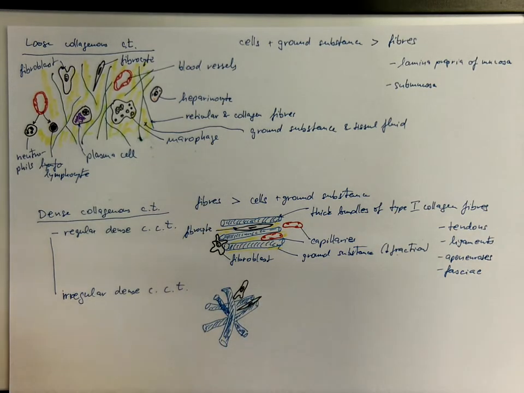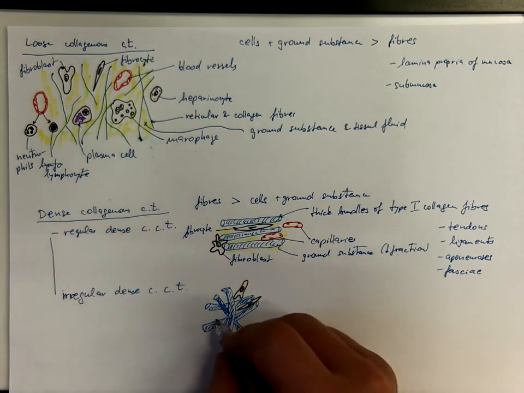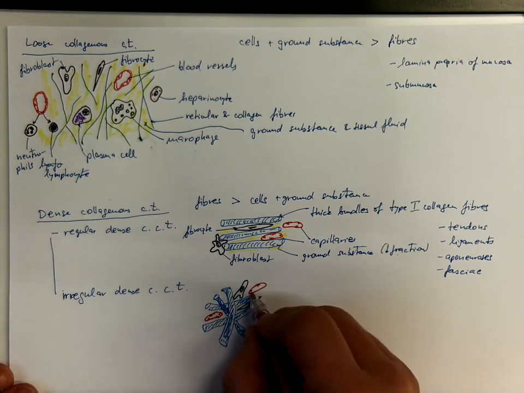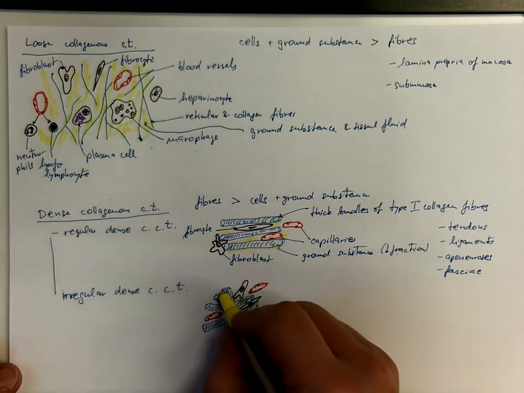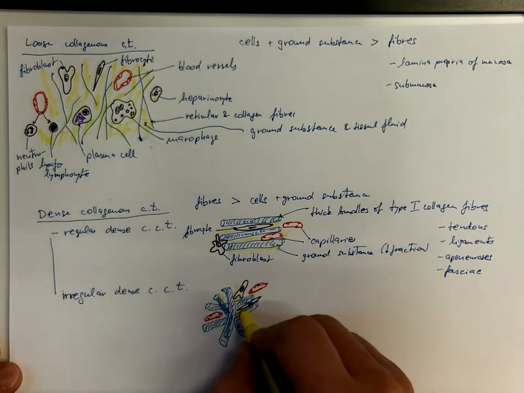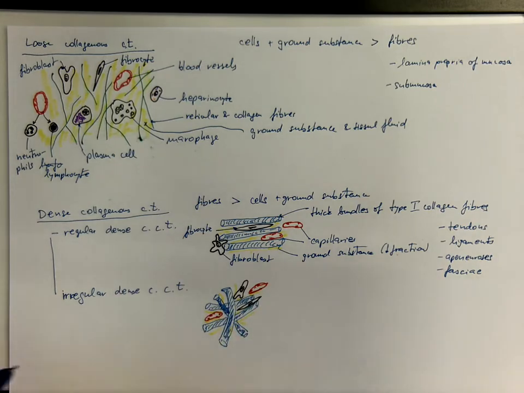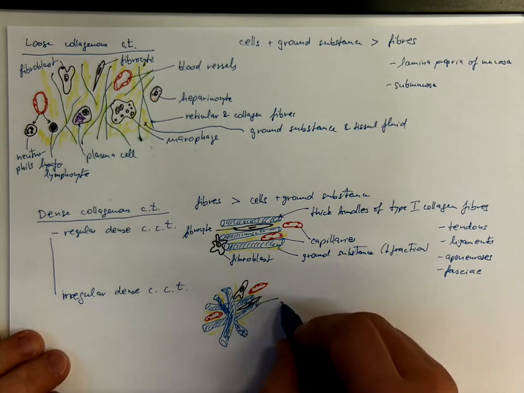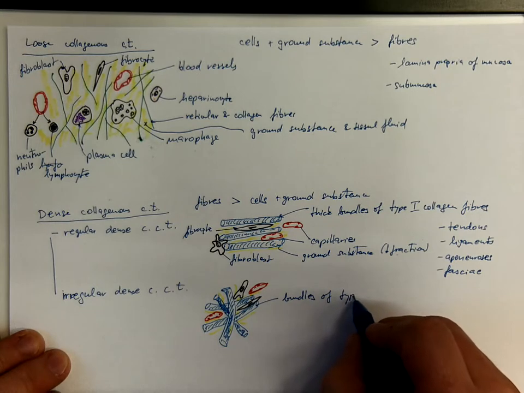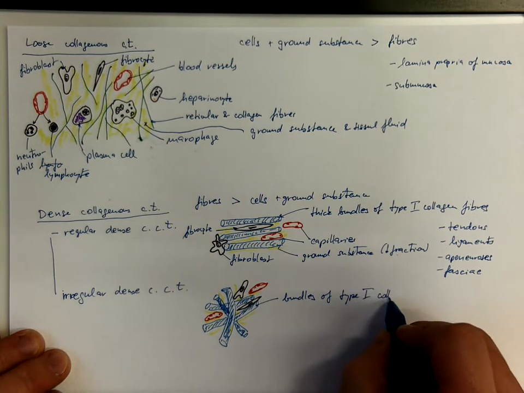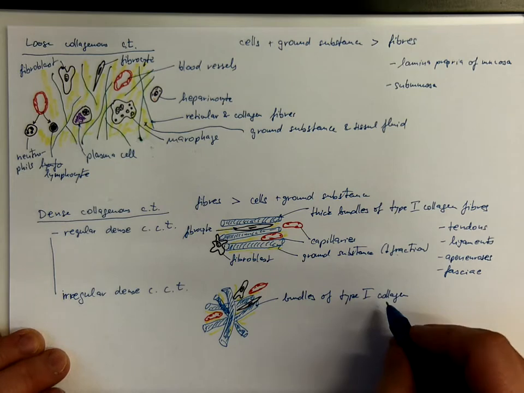And again, we have blood vessels there. Capillaries. And again, only a small fraction of the ground substance in the gaps between. So, again, the bundles of type 1 collagen run in various directions.